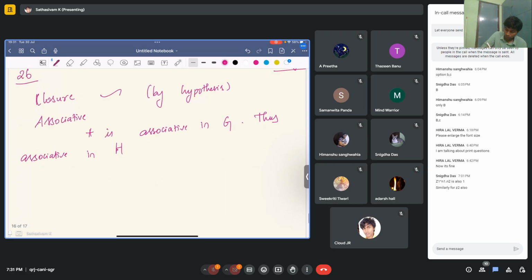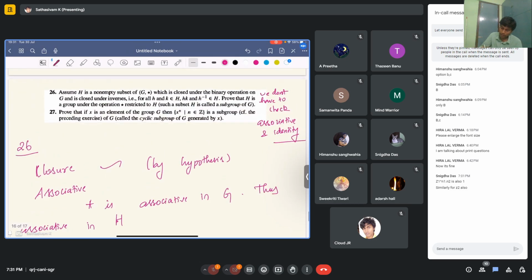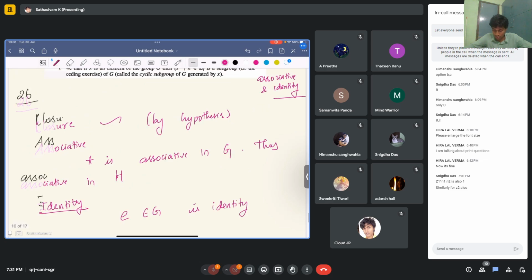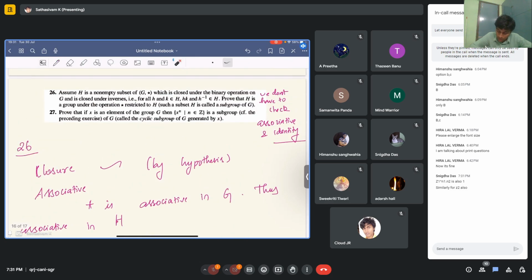Now let's come to the interesting one, identity. Let's say e belongs to G is the identity. Now how do I say that e belongs to H also? Here is where the non-emptiness comes into the picture.